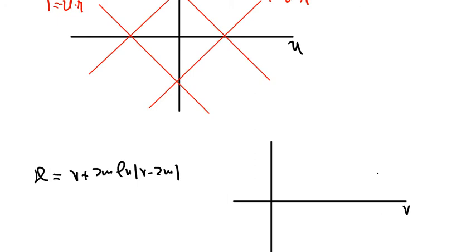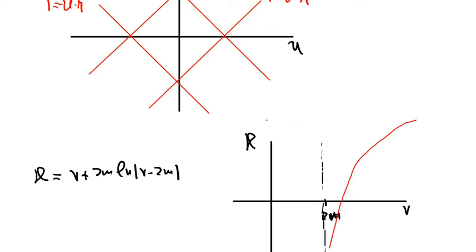So this is small r, this is big R. You see that at r equal to m we have divergence. The graph will look something like this.